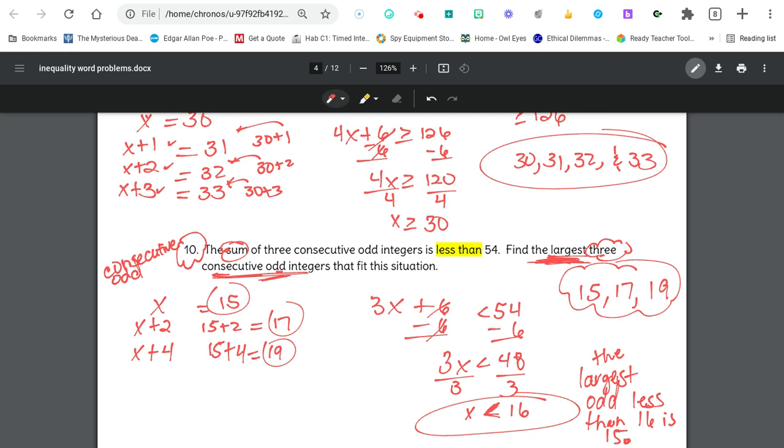That's going to tell you where to start, okay? My x is still less than 16. So it's just that your x has to be less than 16. And my x here is still 15. Okay? So the x that I'm using is still less than 16, so I'm good, okay? And I just continue. I know odd numbers count up by 2. So 15 plus 2 is 17. 15 plus 4 is 19.